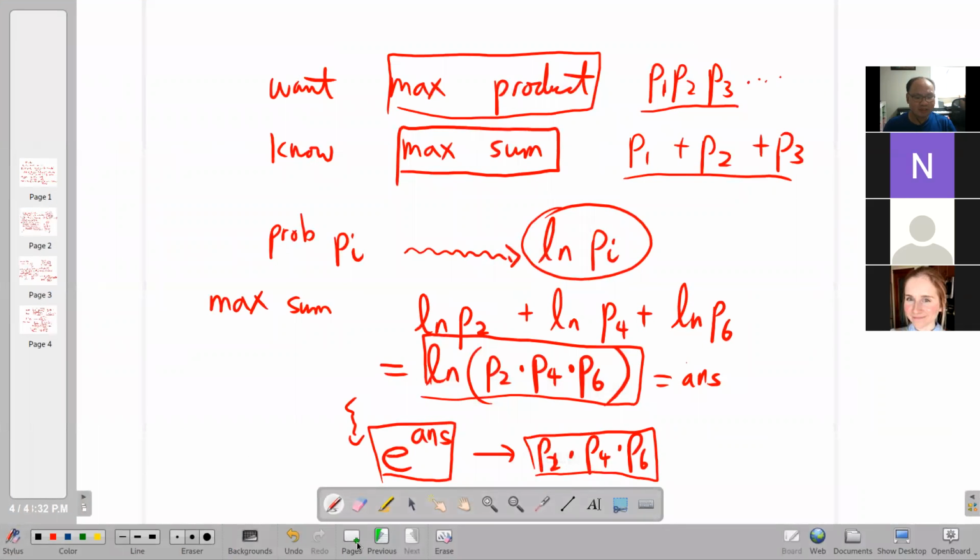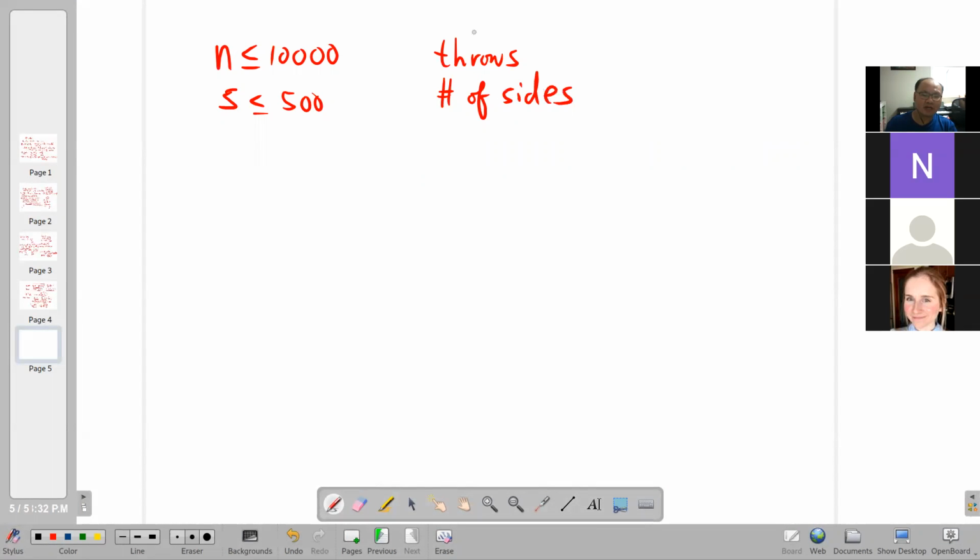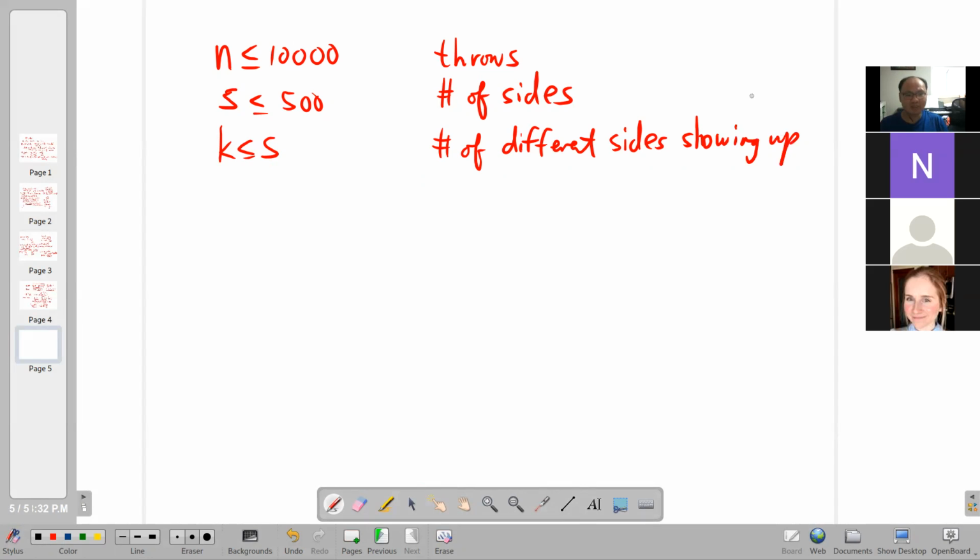So this is pretty involved here. We have to make sure we know all the different parameters. n, which is up to 10,000, is the number of throws. S, which is up to 500, is the number of sides of the die. And K, which is less than S, is the number of different sides showing up. So if you throw it 10 times and it always shows 1, then K is only 1.